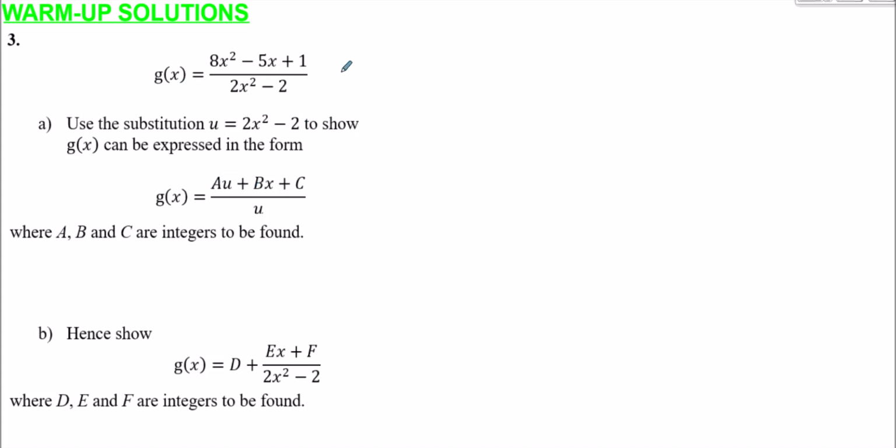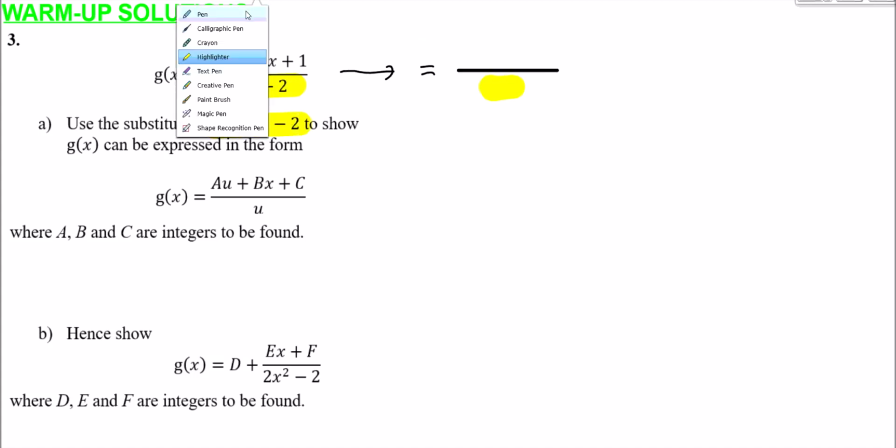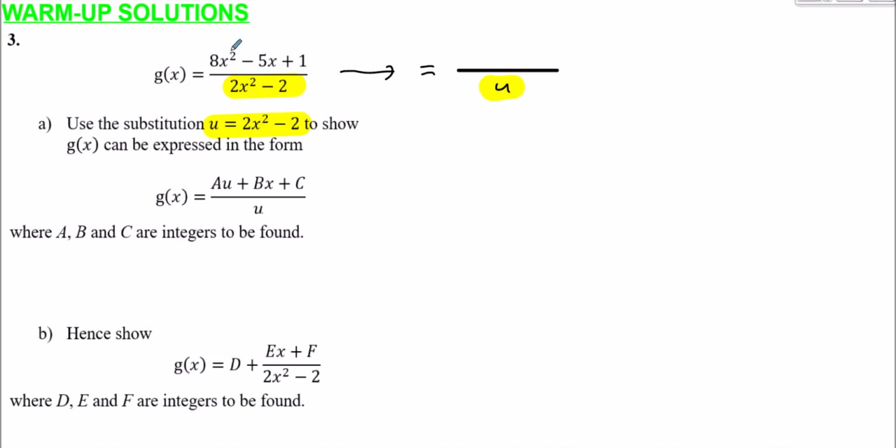So we're going to say that g of x, obviously we've got u on the bottom, because u is 2x squared minus 2. And this here is essentially something to do with 4u, because we've got an 8x squared.